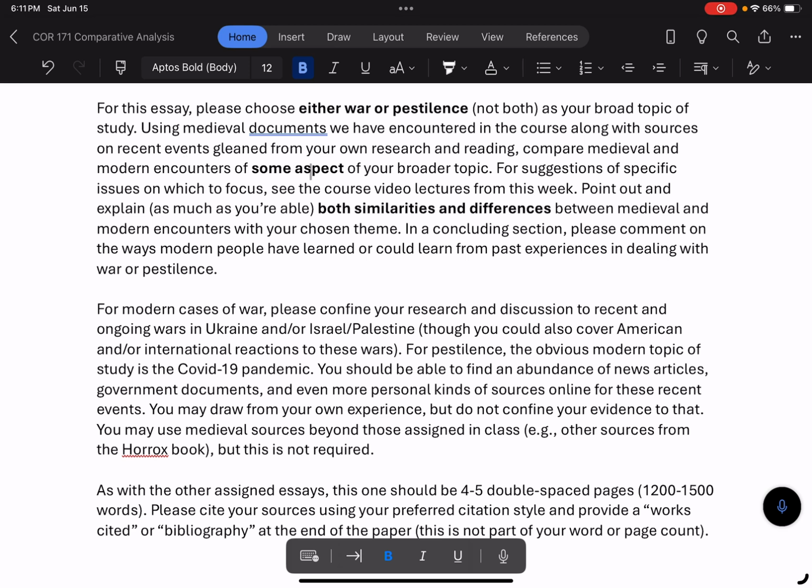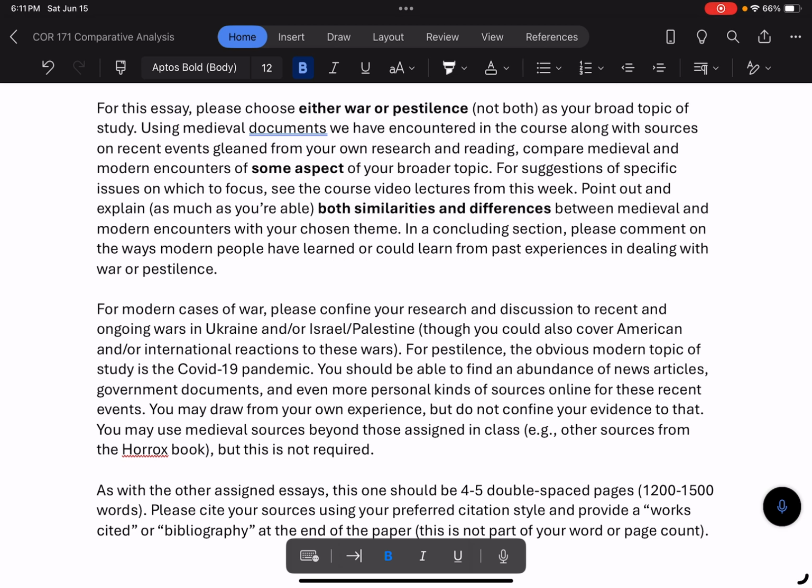Once you have chosen your aspect and you've started to do some research, in the actual writing of the paper, you need to point out both similarities and differences between medieval and modern encounters with your chosen theme, and explain why those similarities and differences are there.